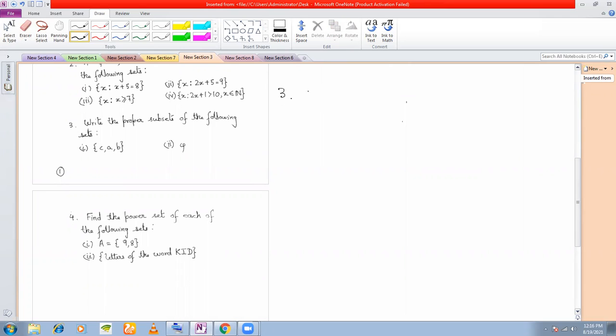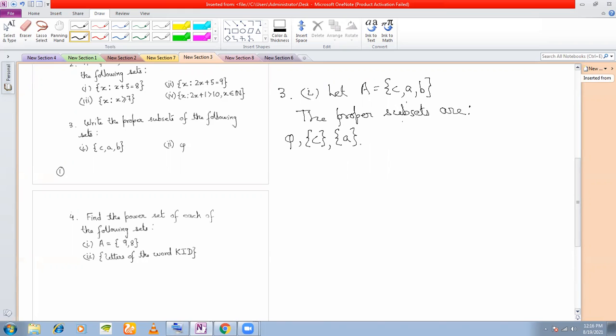Write down the proper subsets of the following set. First question, let A be a tripleton set, containing 3 elements. So what are the proper subsets? First is the null set, which is a proper subset. Next, the singleton sets. Next, all the doubleton sets. Now, should I take the set A itself?